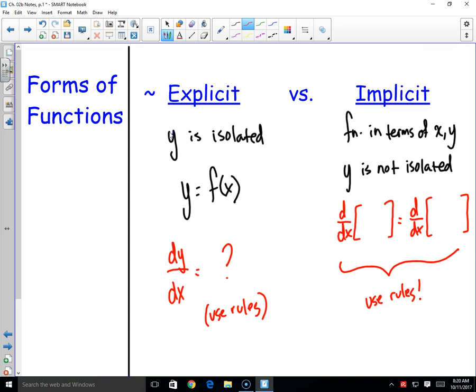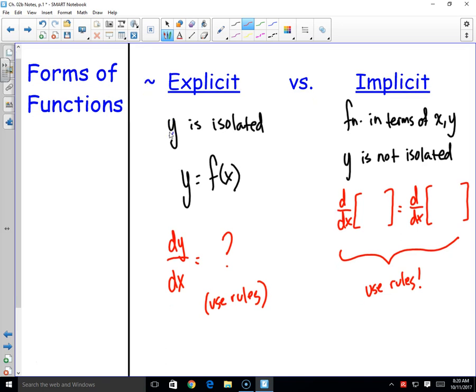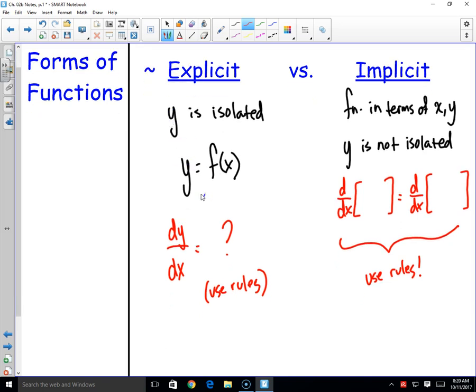So explicit versus implicit, it's not really a huge deal to look at a function and say what name to give it. But it is important to know how to go about taking the derivative. The nice thing is, kiddos, the process really does not change much, because when we were going straight to dy dx, technically we were taking the derivative of both sides.